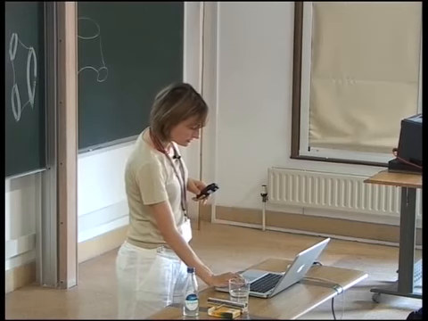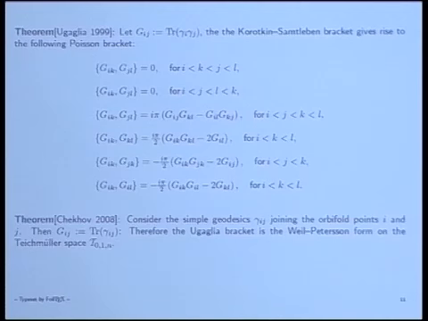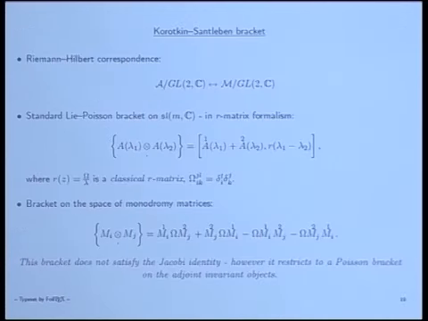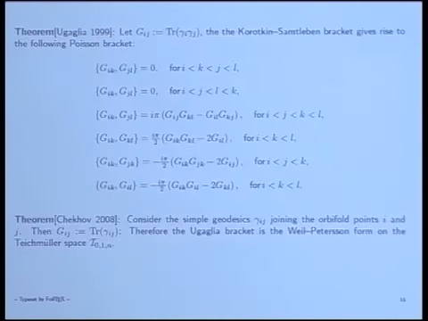Okay, right. So let's take this formula and consider the following objects. Gij is the trace of the product of two elements in the Fuchsian group, okay? Gamma i times gamma j. Gij is defined in that way. And then you start applying the Korotkin-Samtleben bracket, and you find that it gives you this very beautiful formula, which is due to Ugaglia in 1999.